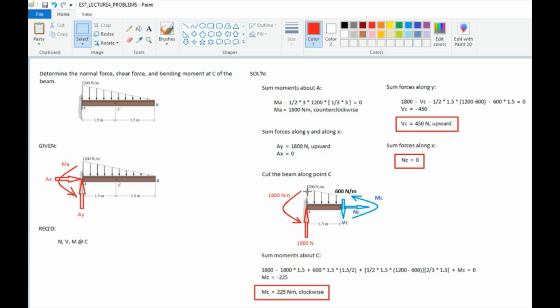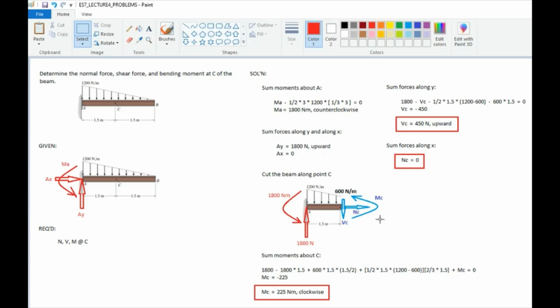So, that would be 1/2 base of 1.5 times height. So, what is the height of our small triangle? That's 1,200 minus 600. Then, you multiply by the moment arm. Where is the centroid of your triangle? It's here, right? So, that is 2/3 from point C. So, 2/3 times 1.5.